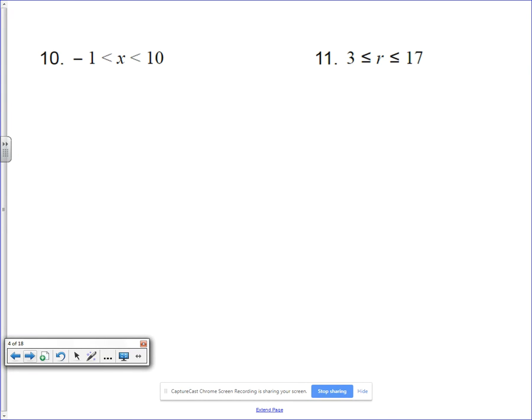Number 10 does not have an and or an or, does it? Where is that X? It's in the middle. Did everybody hear Gage say in the middle? Okay. These two numbers are going to go on my number line.